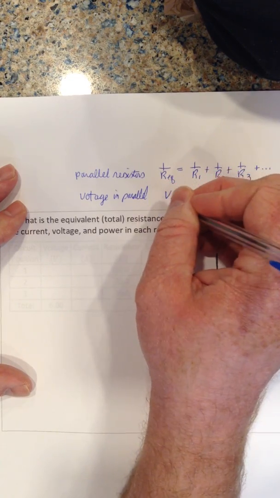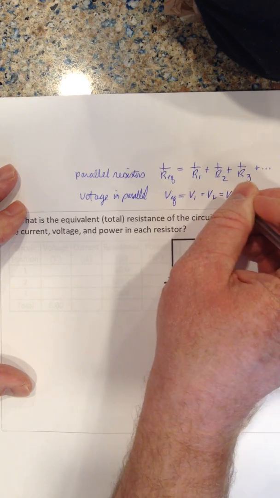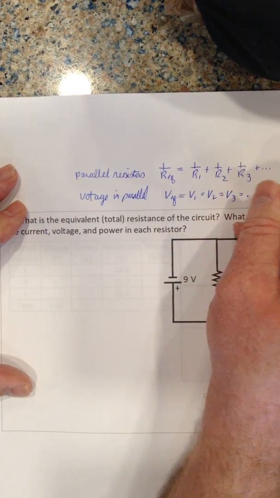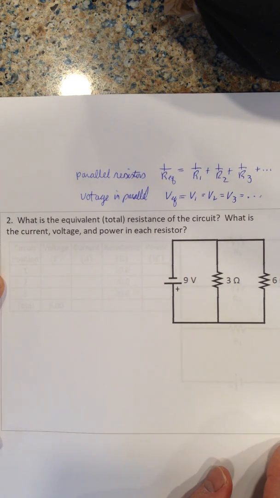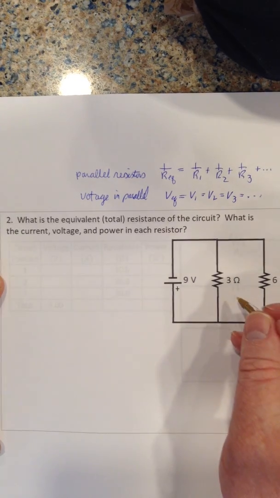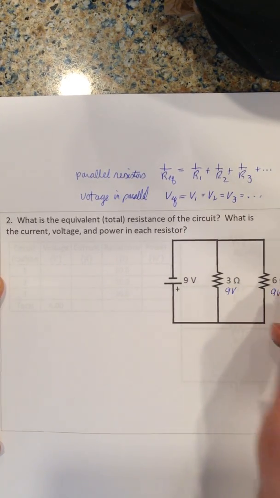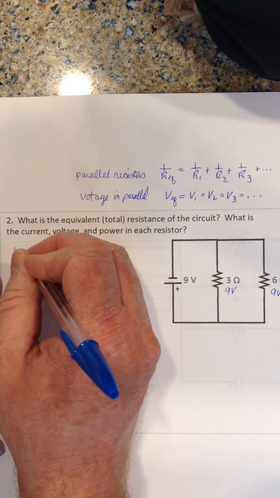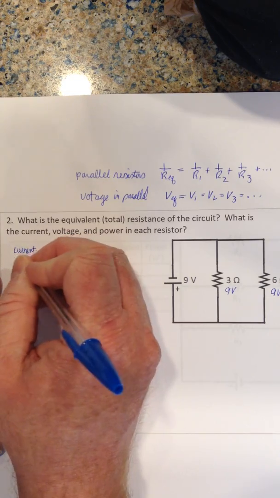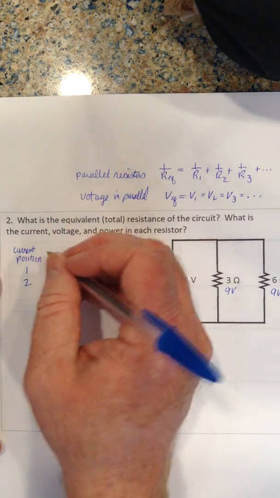The V, the equivalent voltage, is the same across all of the parallel components. Okay, so that means there's 9 volts here and there's 9 volts here. And I can make a little table, put current position here, and there's 1, 2 resistors.